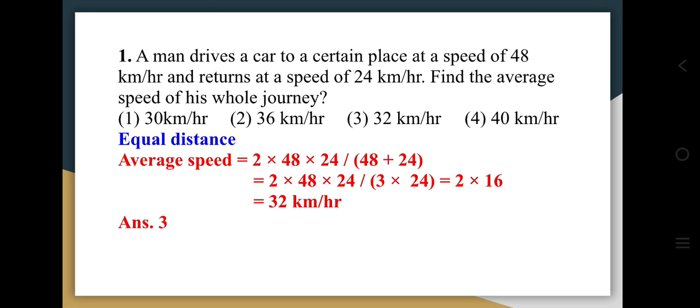Which is 2 into 48 into 24 by, 48 is 2 into 24, so in the denominator it is 2 into 24 plus 24, that is 3 into 24. If we cancel 24 in the numerator and denominator and cancel 3 with 48, we get 2 into 16, that is 32 km per hour.